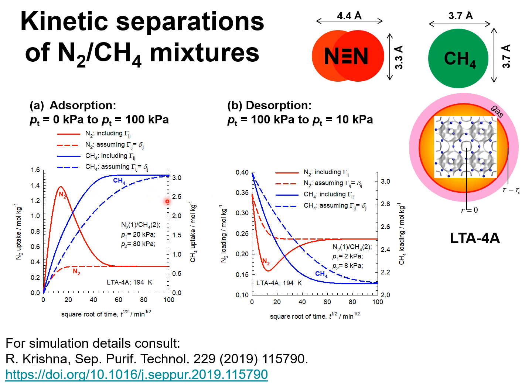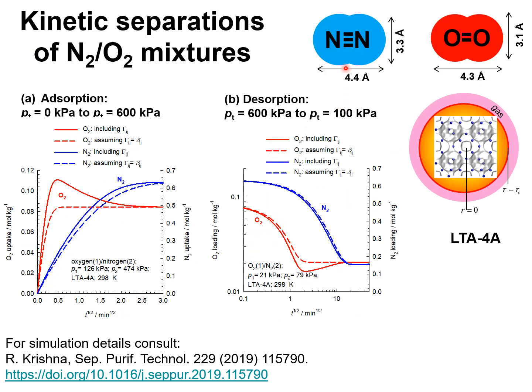Let's proceed then to nitrogen-oxygen desorption using LTA4A zeolite. For separations of nitrogen-oxygen mixtures using LTA4A zeolite, the mixture adsorption equilibrium favors nitrogen that has a significantly larger quadrupole moment.